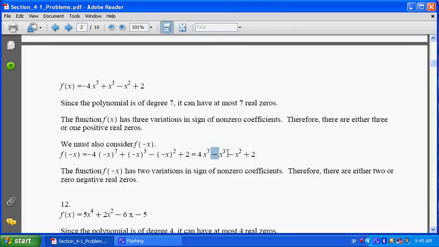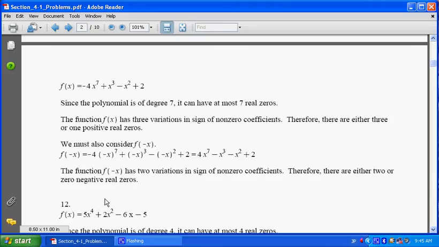Here it's just negative to negative, so that's not a variation in sign. And finally, it goes from negative to positive, so that is a variation in sign. So altogether, there's 2 variations in sign. The first one is positive to negative, and the second one is negative to positive.